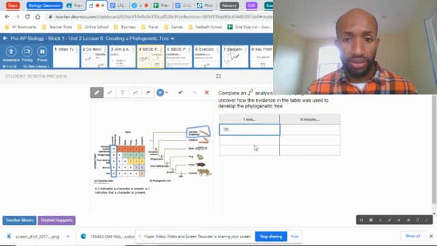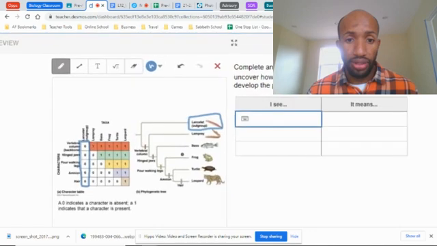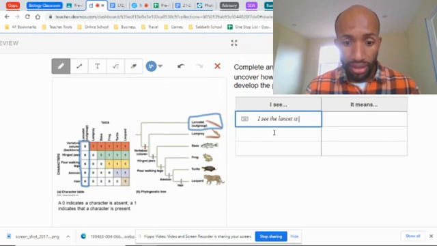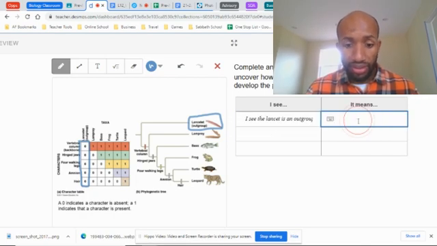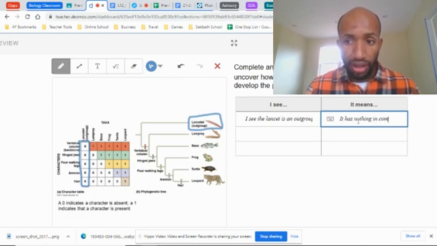But put in things that you see and give a possible explanation. For example, I see the lancelet is an out group. That means it has nothing in common with the other species.